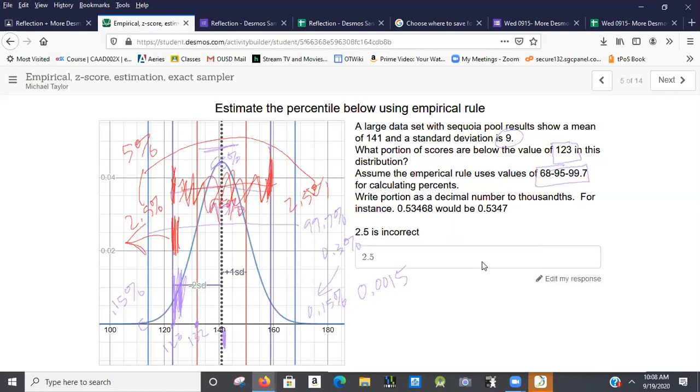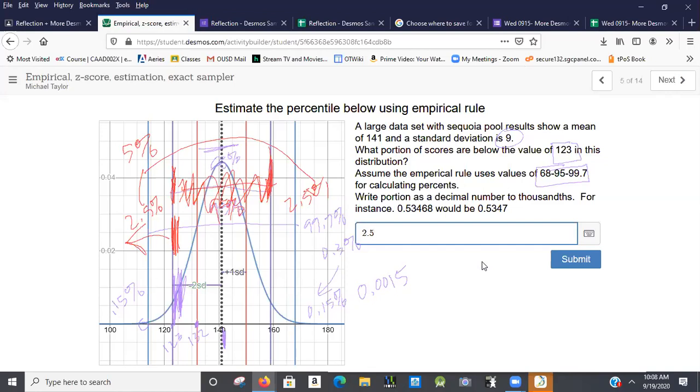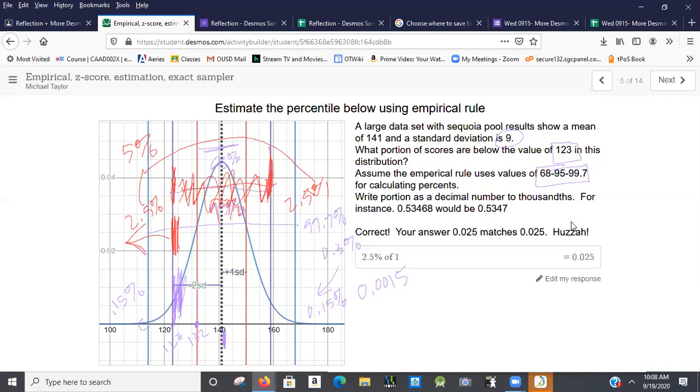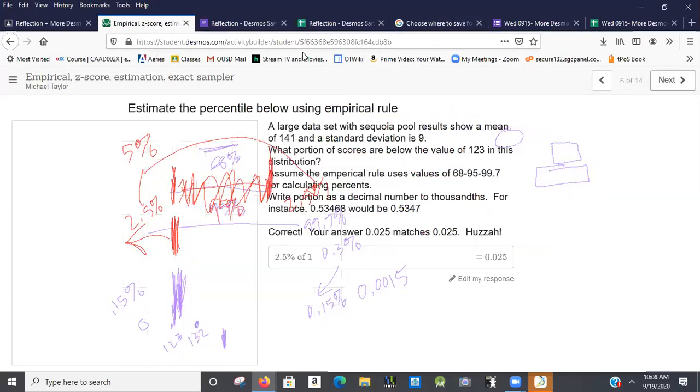So if I submit 2.5, that is incorrect. I need to change it to 2.5% of 1, or just 0.025. The only trick to doing the 0.025 is getting it to move over 2 decimal places instead of 1. It's easy to get the decimal in the wrong place. You have to be precise. Huzzah! Okay, let me go to the next slide.